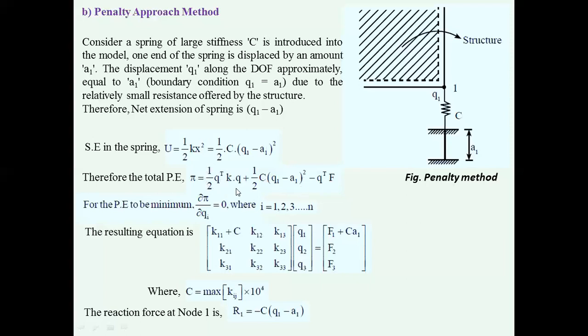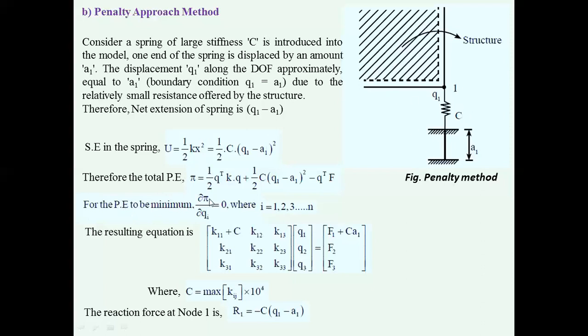minus work potential Q transpose into F. The first term is the strain energy for the structure, and the second is the strain energy for the spring which we consider. This is the total potential energy for the structure as well as the modeled spring.